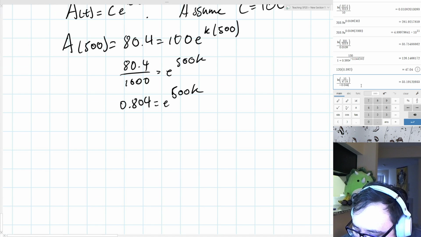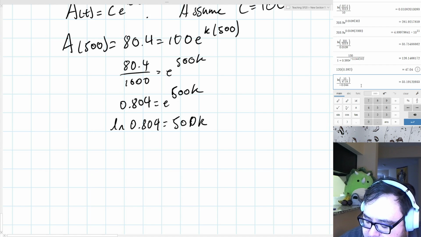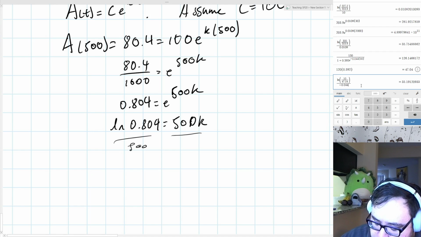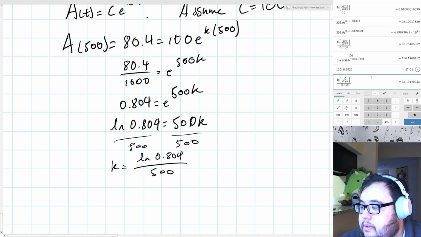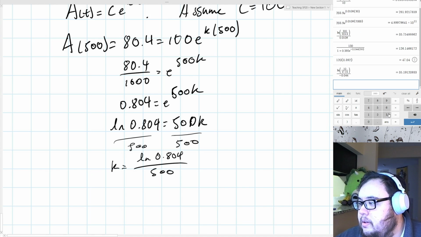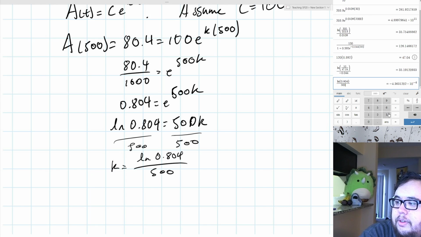And then we can take a logarithm of both sides. ln of 0.804 is equal to 500k. And then we can divide both sides by 500 to get k is equal to ln of 0.804 divided by 500.